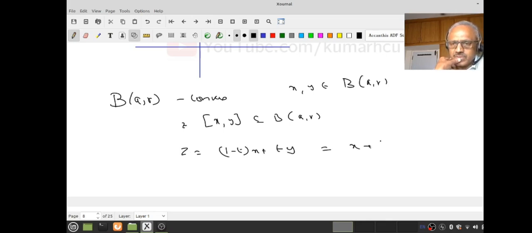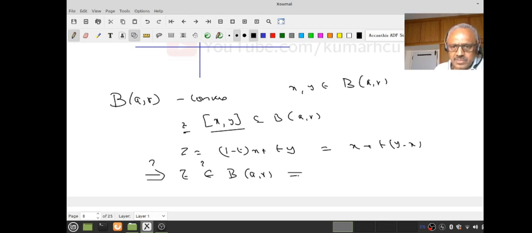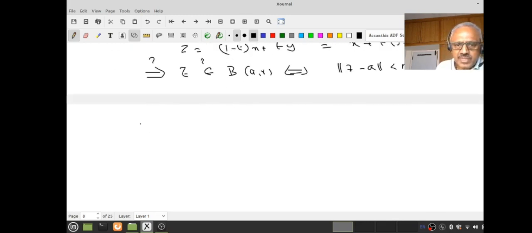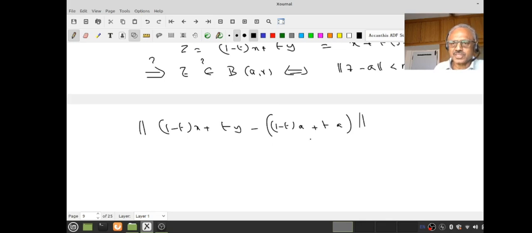Of course this is the same as x plus t times (y minus x), but I have a reason why I want to write it like this. What do I have to prove? Give me any z, I have to check whether z is in B(a, r). This is the same as saying the norm of z minus a is less than r. I can write z as (1 minus t) times x plus t times y, and a also I will write the same way, (1 minus t) times a plus t times a. This is the only trick.